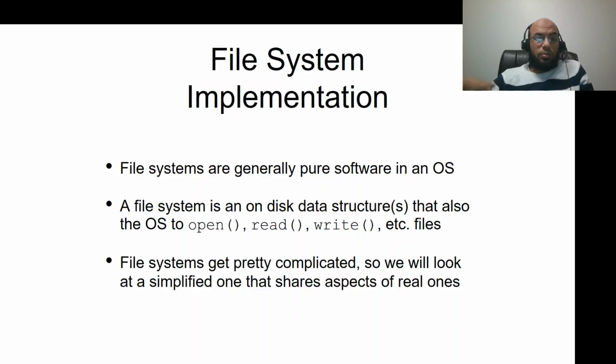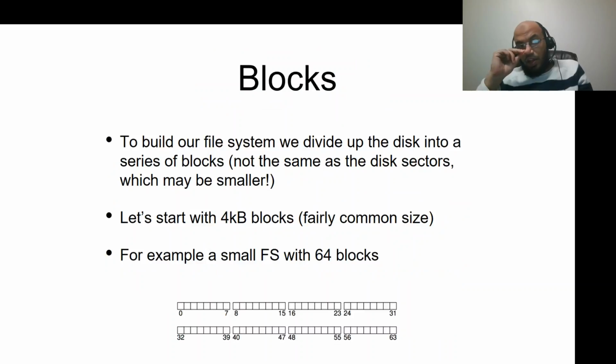File systems can get pretty complicated, so we're going to start with a very simple example. Suppose that you are building a file system, and you say that, okay, I'm going to divide my file system into 4 kilobyte blocks, which is actually a fairly common size for file system blocks.